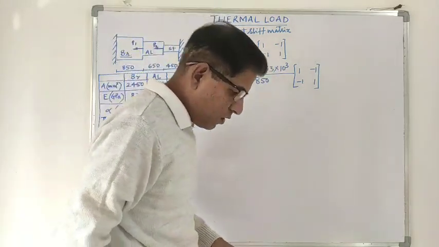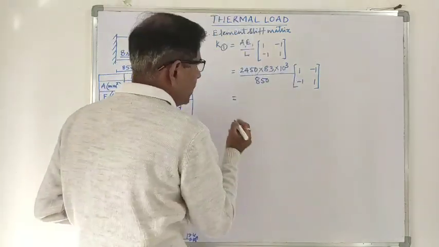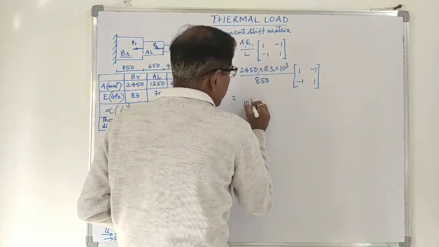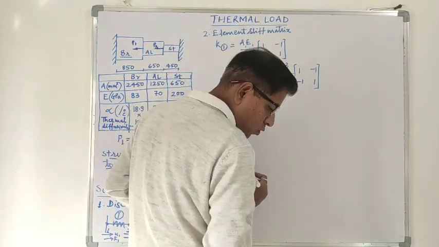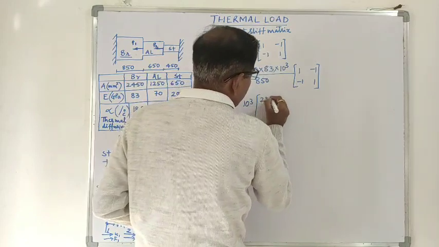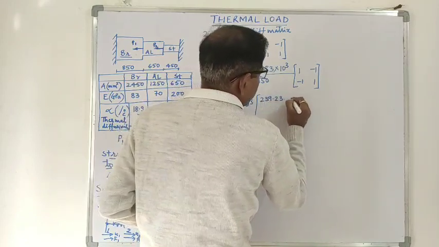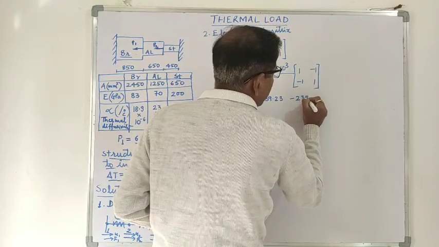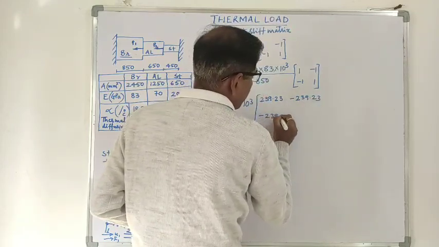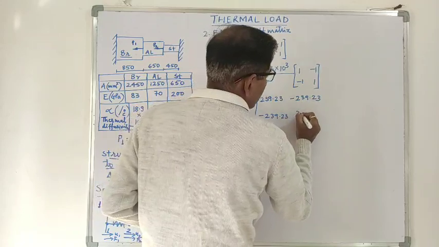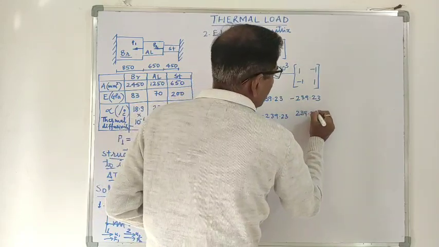The answer of this expression comes out to be, with 10 to the power 3 outside the bracket, 239.23, minus 239.23, minus 239.23, 239.23.